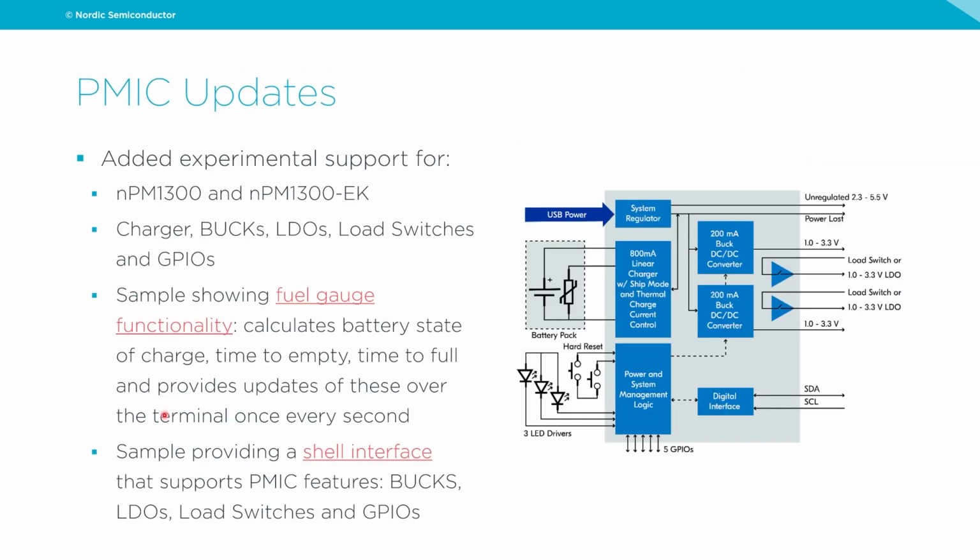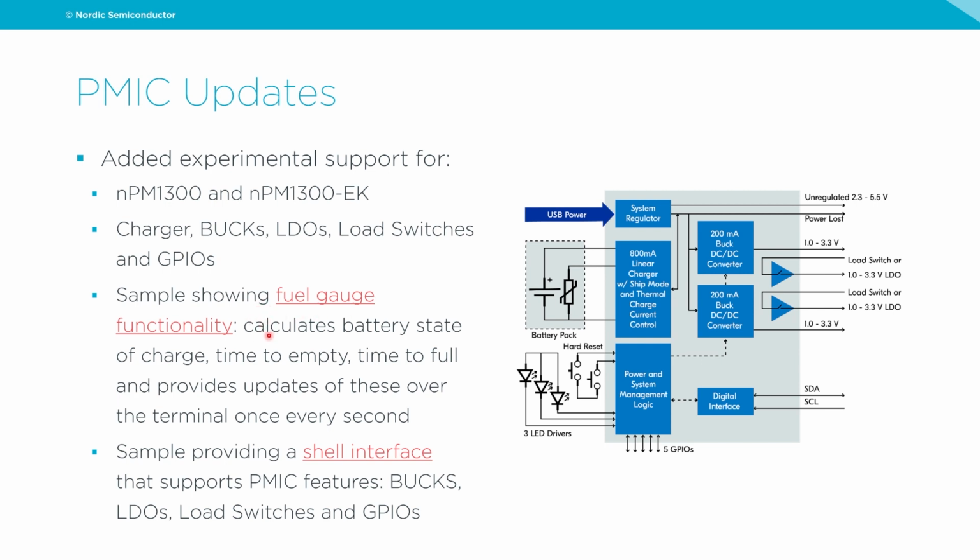Within the nRF Connect SDK, we added support for the NPM1300 as well as the NPM1300 evaluation kit. This supports some of the features that I mentioned earlier: charger, buck converter, LDOs, load switches, and GPIOs. There are 2 samples that were introduced to demonstrate some of these features. One sample demonstrates the fuel gauge functionality.